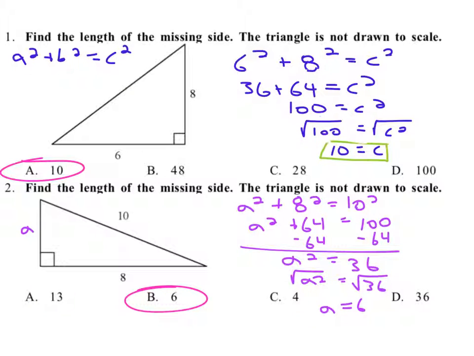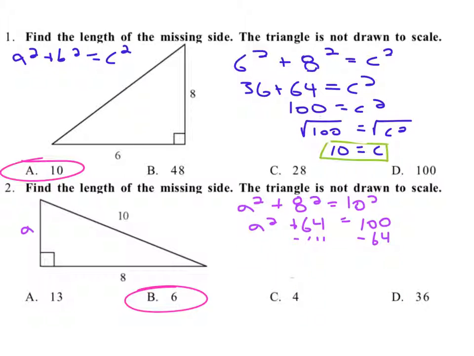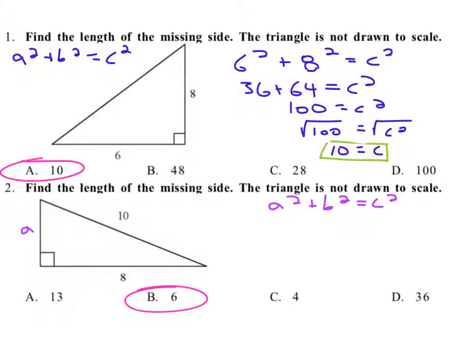Okay. Now I just want to really quickly show you another way that you could have done that. If you wanted to isolate what a is equal to before ever putting in the numbers, you could start with a squared plus b squared equals c squared.